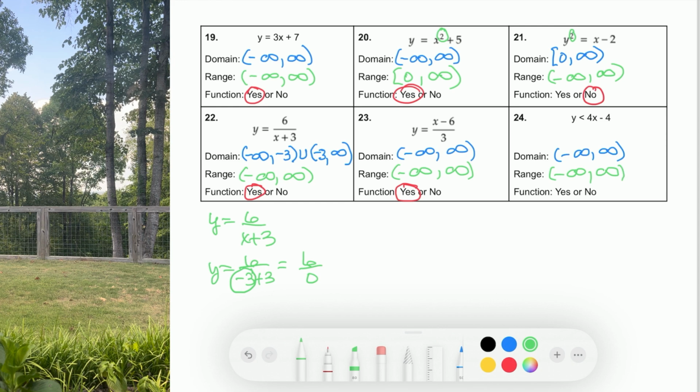Does it have a y with a higher than 1 exponent? No, we have a y with an exponent of 1. Do we have an equal sign? No, we have an inequality. There's the problem. We have the inequality here. So that means this is not a function for this particular problem.